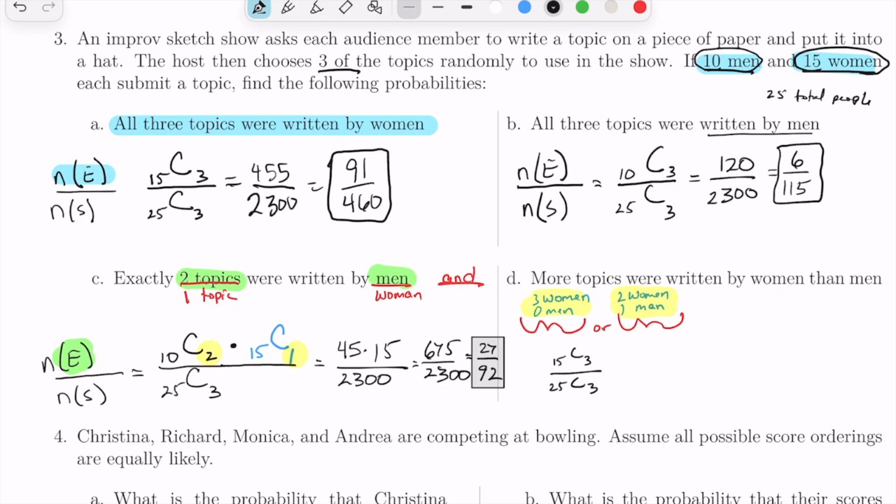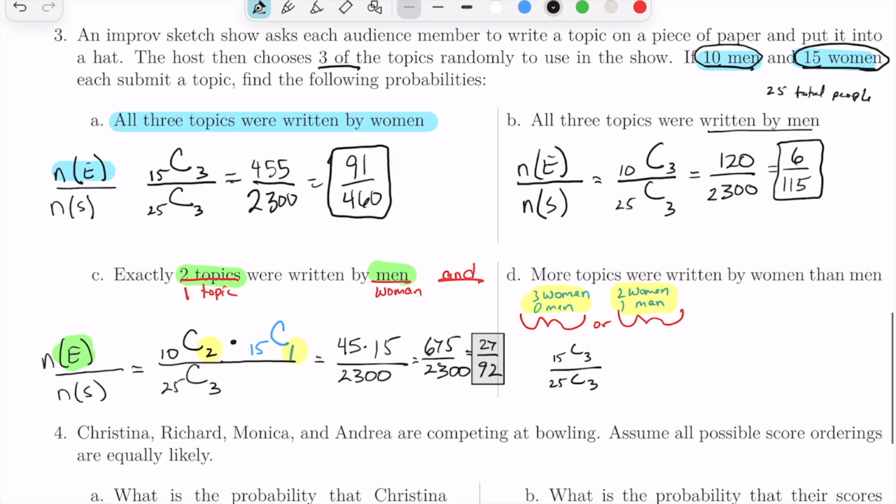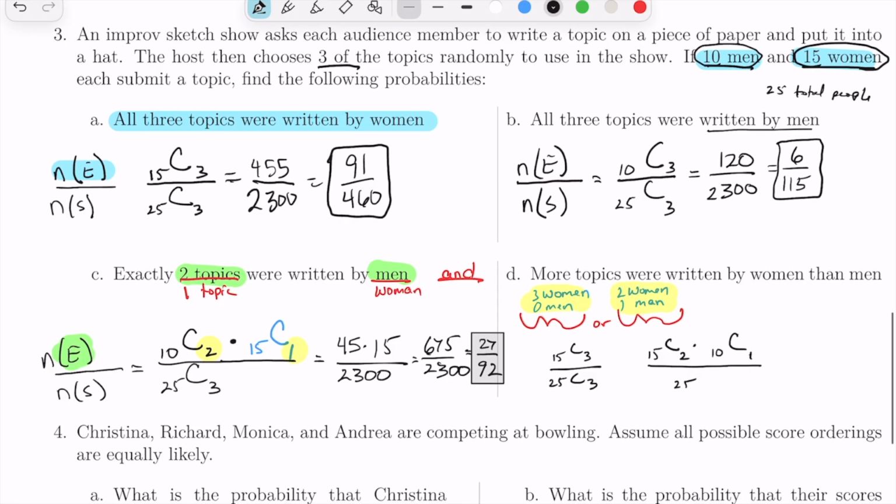And then for the second one, 2 women and 1 man, it's a lot like what we did on the previous one on part C, 2 men and 1 woman. Except here, we're going to say that we have 15 women to choose from and we want 2 of them. And there's 10 men to choose from and we want 1 of those. The denominator will still be 25C3.